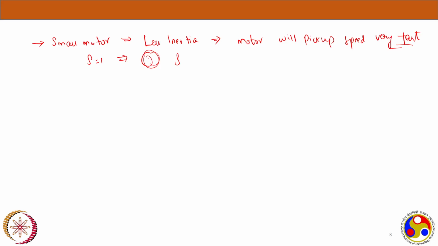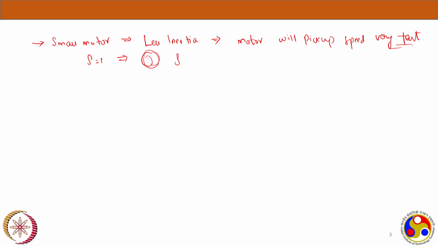Now this takes 80 amps, but the time duration for which it is taking is a very brief period, because it has to overcome a very small amount of inertia, and it can bring up the speed very quickly and rapidly. So it's a very brief period of time that this high current is flowing.